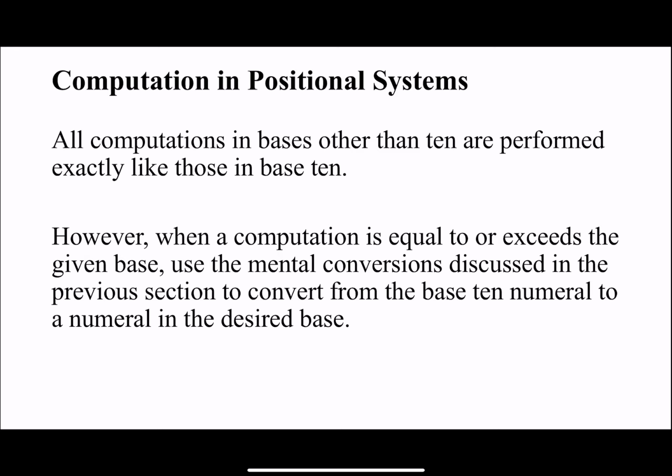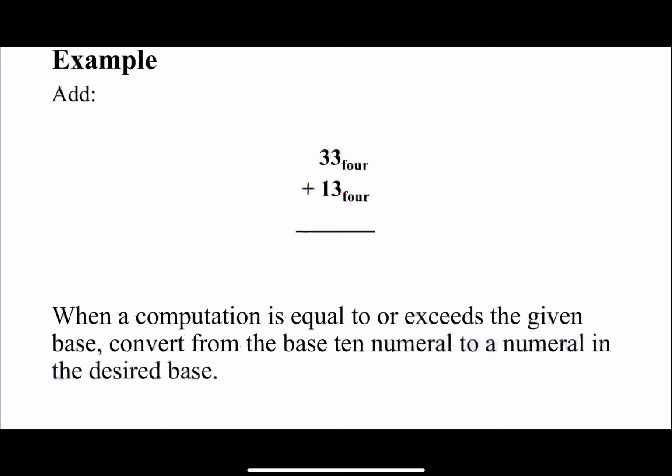For example, if you're working in base 8, the digits that are allowed are from 0 to 7: 0, 1, 2, 3, 4, 5, 6, and 7. So when you're doing computation, if the result is not one of these allowed digits, you need to convert, okay? So let's see.